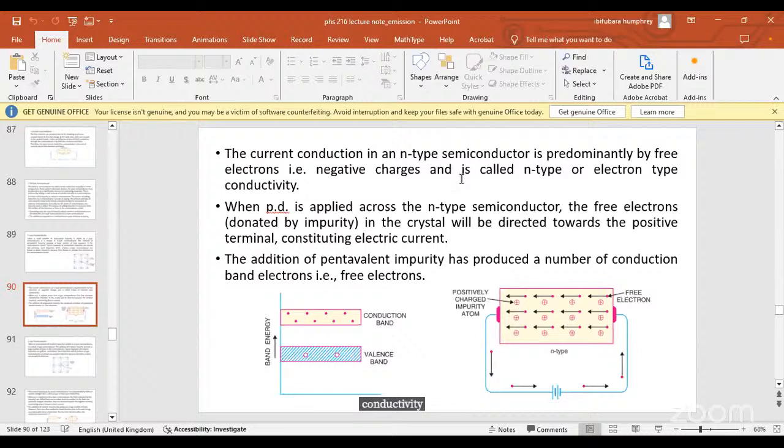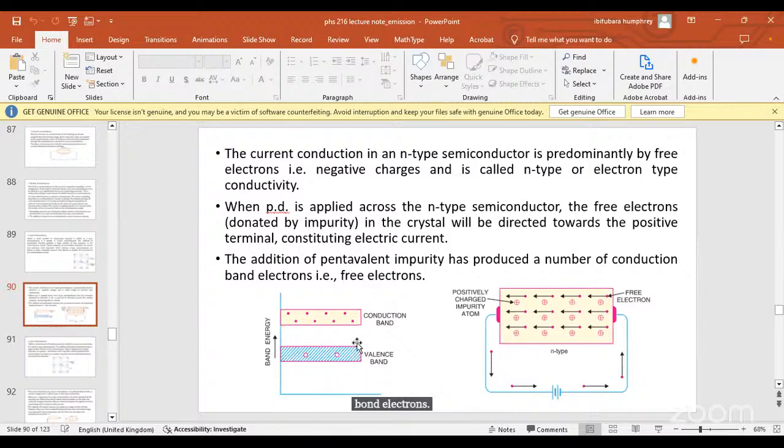When a potential difference is applied across the N-type semiconductor, the free electrons donated by the impurity in the crystal will be directed towards the positive terminal, constituting electric current. So the addition of pentavalent impurity has produced a number of conduction band electrons.